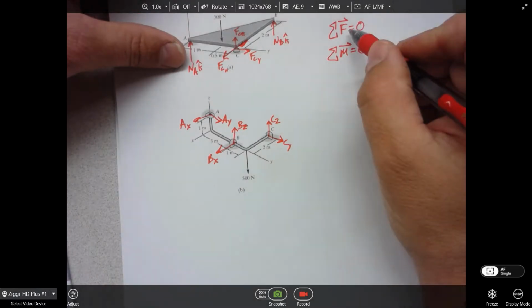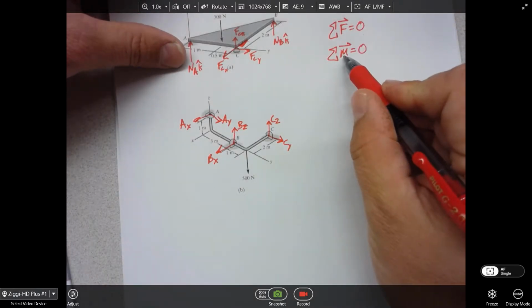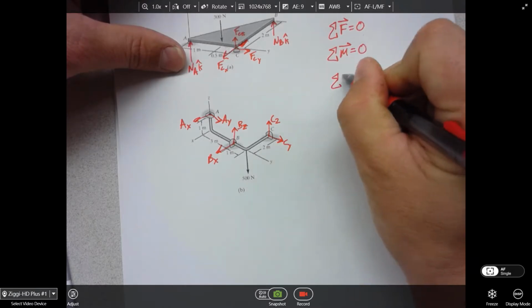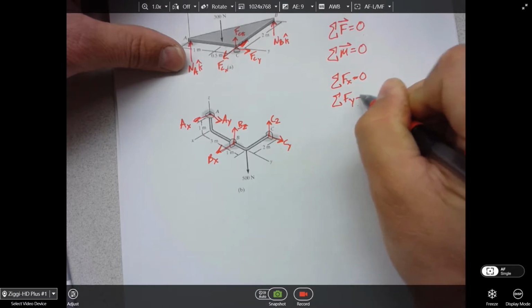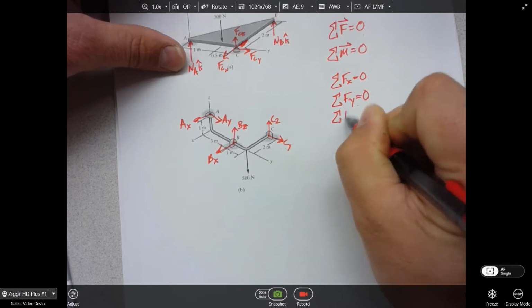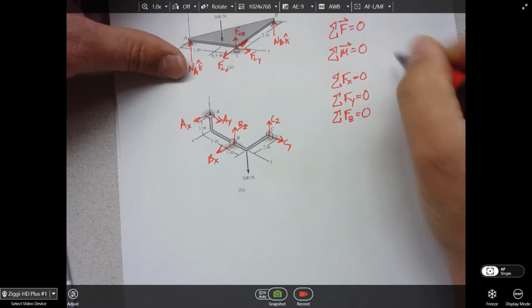We can further break this down. So this is probably going to mean that the sum of the forces in the X equals 0, the sum of the forces in the Y equals 0, the sum of the forces in the Z equals 0.